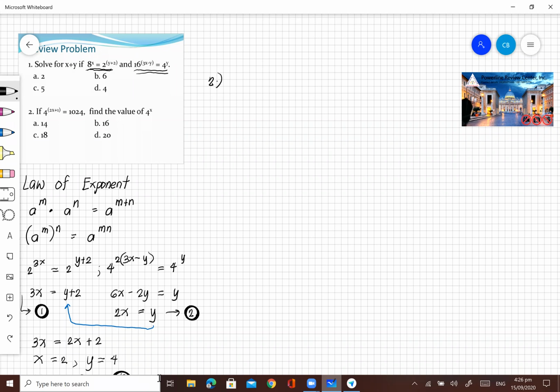Okay. So, we have the corresponding equation 4 raised to 2x plus 1 equal to 1024. So if we try to analyze and simplify it using the law of exponent, alam natin, multiplying same base, add the exponent.